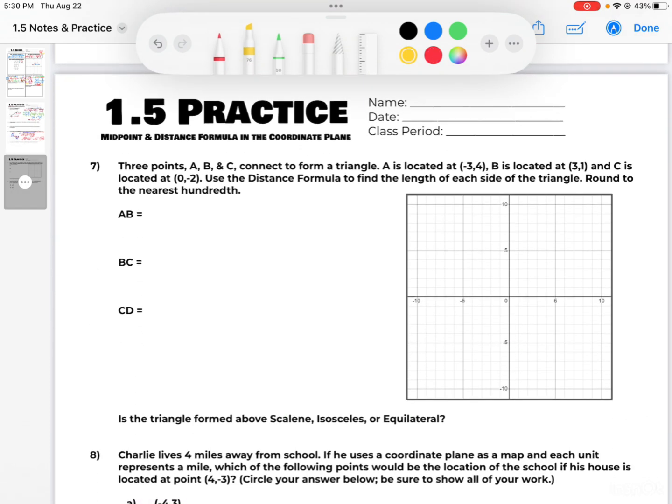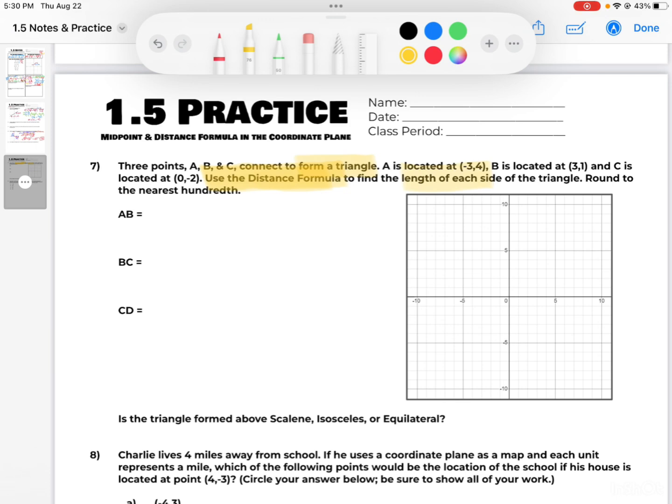7 has you plot some points to form a triangle. That is a gigantic highlighter. Let me adjust that. To form a triangle, that's better. It tells you where A is located, it tells you where B is located, and C. And then it tells you straight up, use the distance formula.